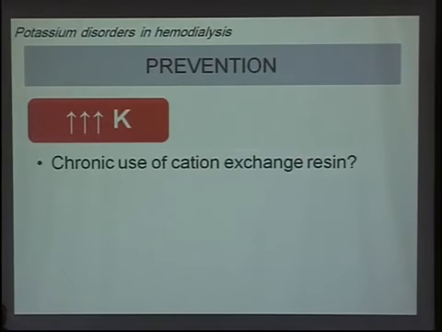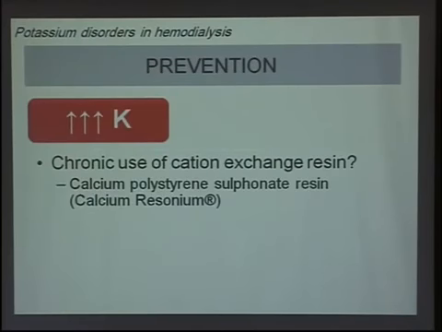If my patient on hemodialysis has chronic hyperkalemia, intensification of dialysis is very important, efficient dialysis is very important. But what about chronic use of what's called cation exchange resin? In fact, this is a debatable issue to use it on chronic basis.